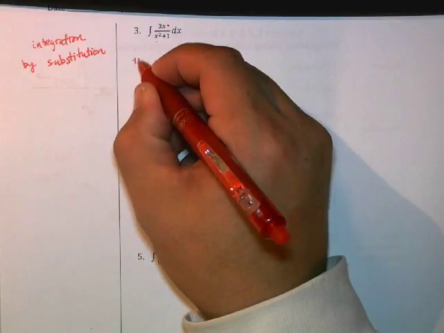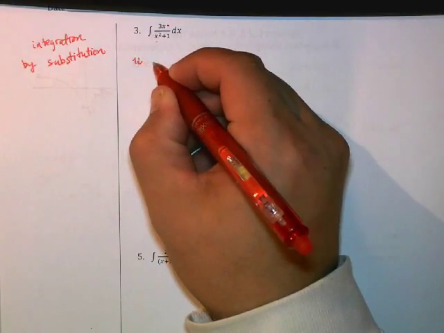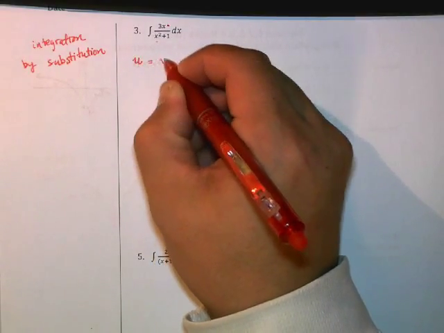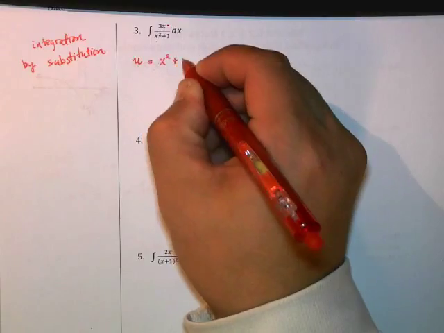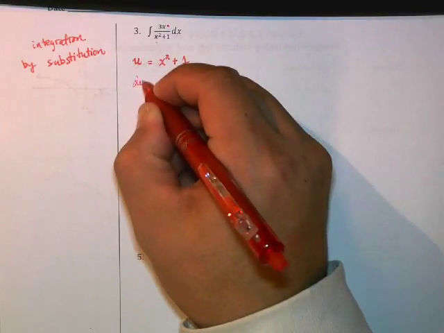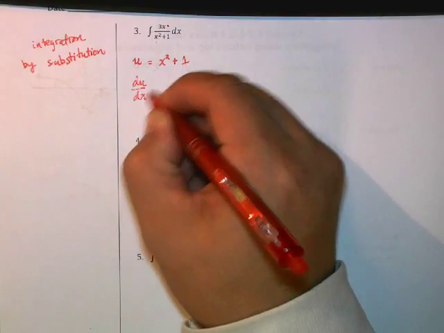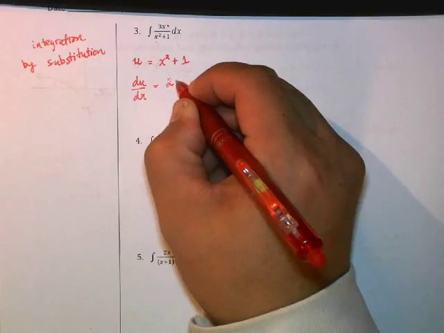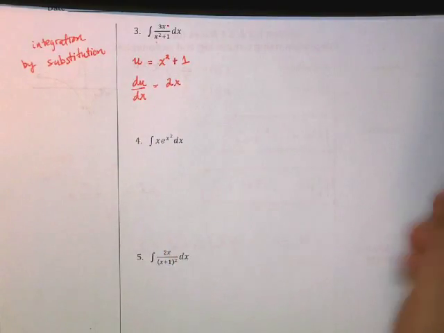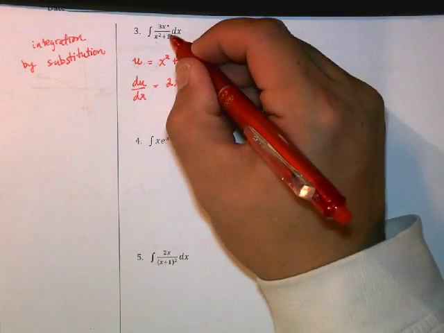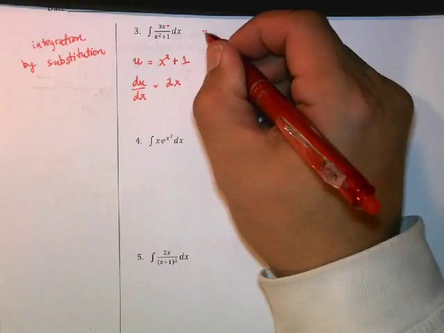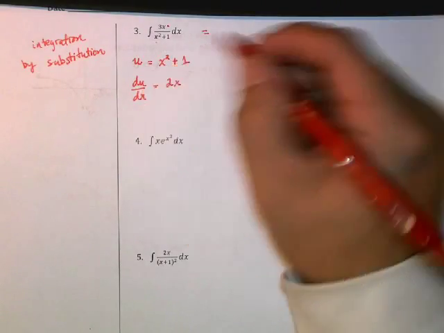So we can say that u, make up a new variable called u, is equal to x squared plus 1. The derivative of that with respect to x is equal to 2x. Then we can start rewriting this integral in terms of our simpler variable.